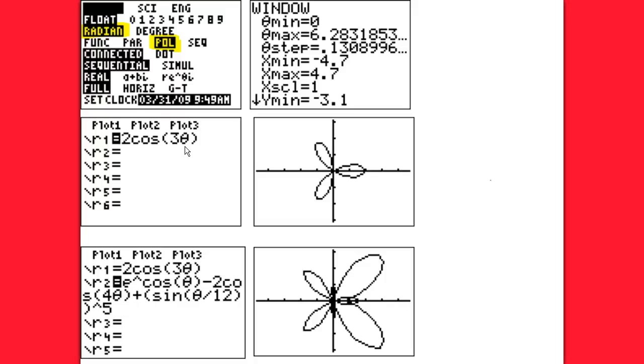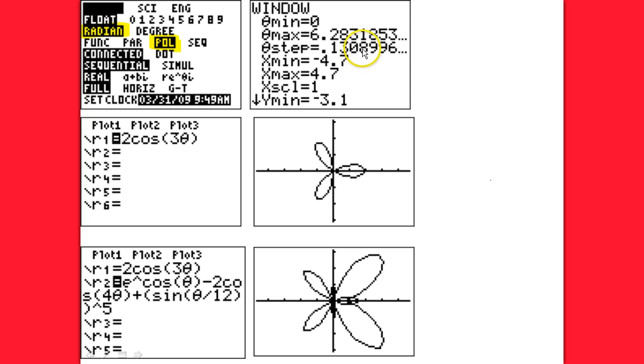I also want to set my window. Now, when we were graphing 2 cosine 3 theta, we set our table to go from 0 to 2 pi. So I can tell my calculator the same thing. For the theta values, I want you to start by plugging in 0, and I want you to stop by plugging in 2 pi. So when I hit 2 pi enter, it'll switch it to this decimal. You can count by whatever you want to.